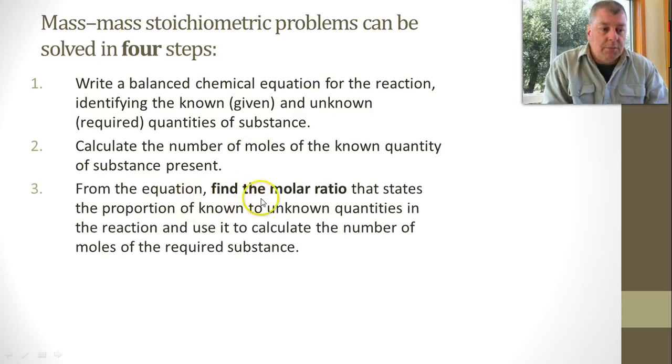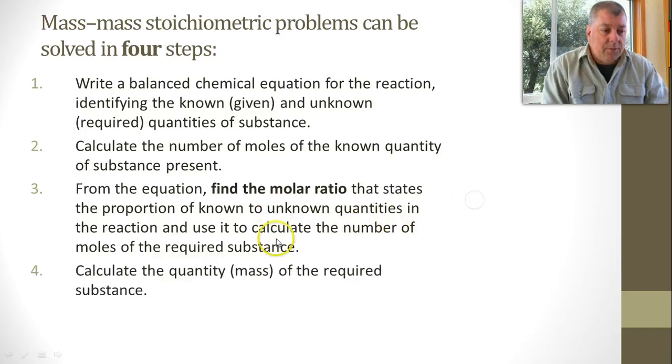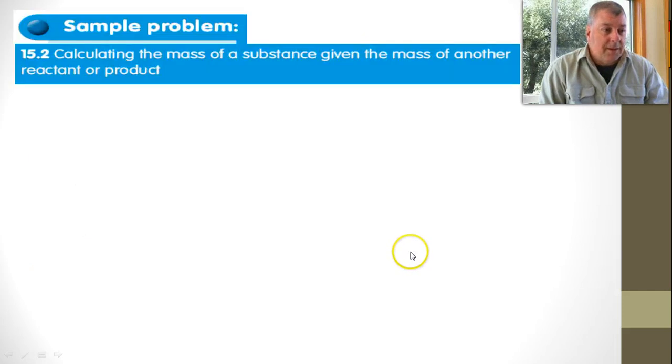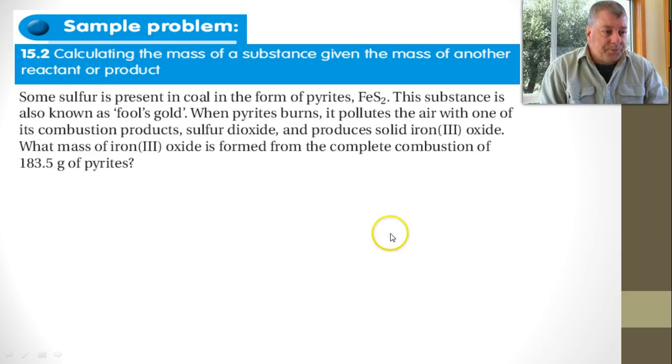Third, use the molar ratio that states the proportion of known to unknown quantities in the reaction to calculate the number of moles of the required substance. This is where the molar ratio comes into play. Fourth, now that we've got the moles of our unknown substance, we calculate the mass of the required substance using our formula. So let's do an example.